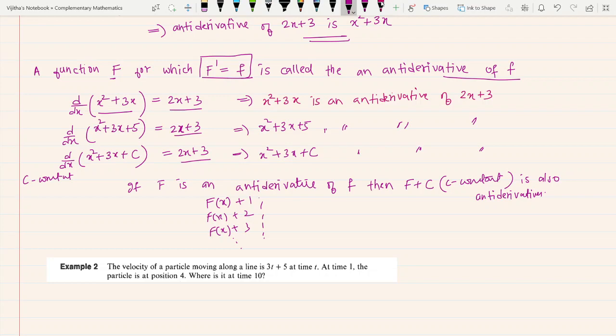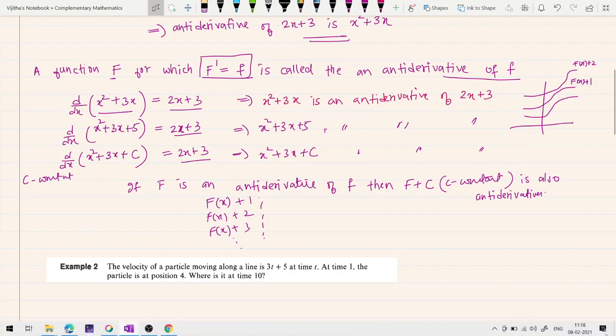If we draw the function like this, if F of x represents this function, then this is F of x plus 1, then F of x plus 2. Like this, these are all antiderivatives. So many antiderivatives are there.